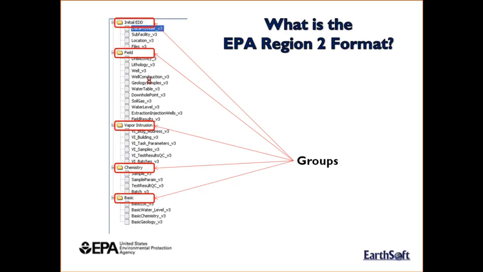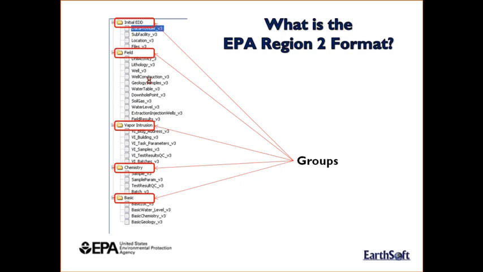In the Region 2 format, the way it's set up is there are different groups, and within those groups, sections. What I've done here is highlight the group headers. Within the group headers, we have changed some of the terminology.